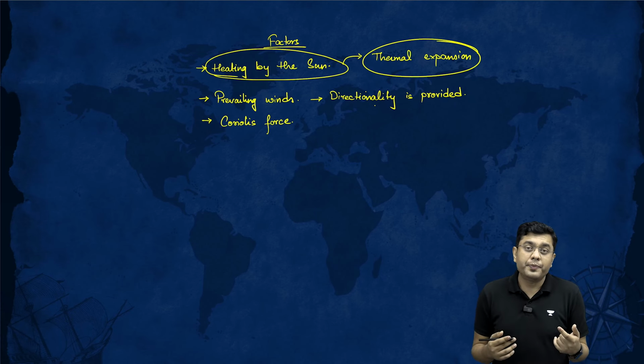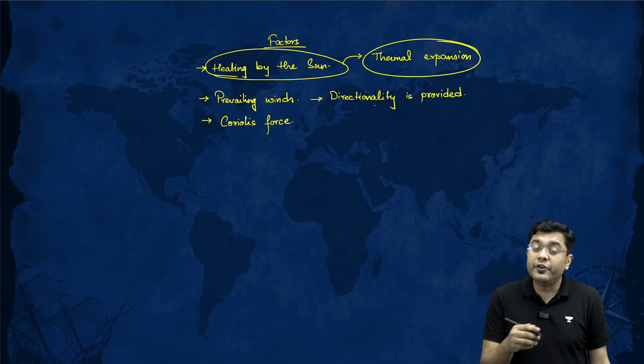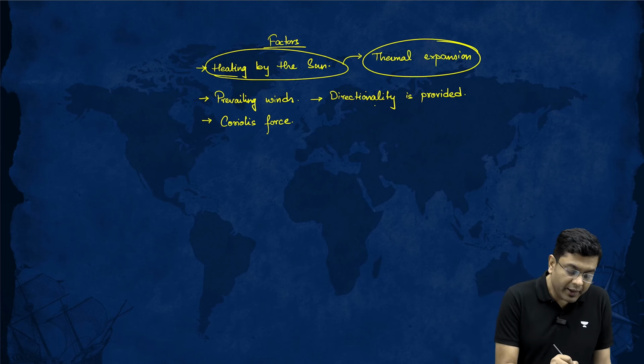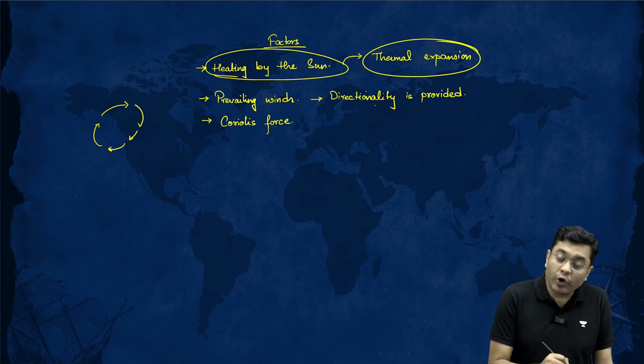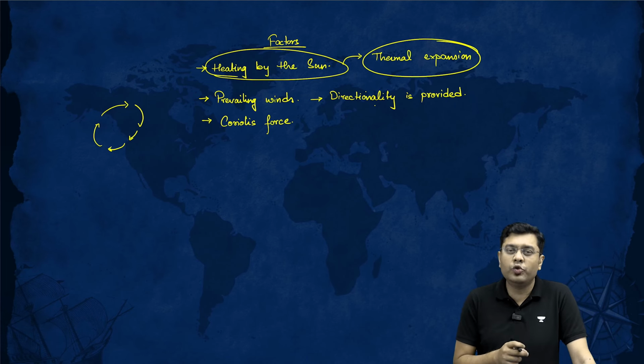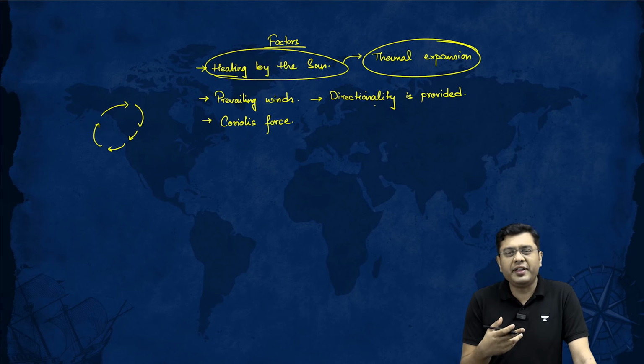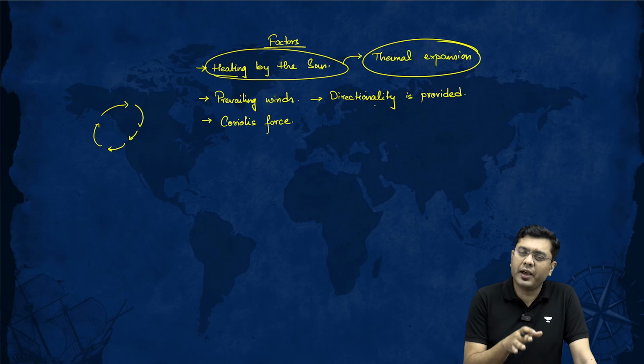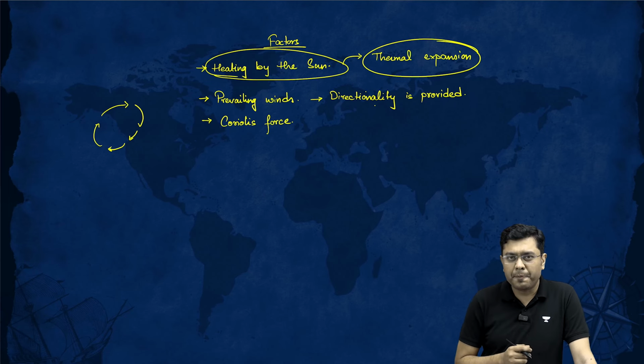Then Coriolis force. Now, ocean currents moving in the northern hemisphere will always be bending in the rightward direction. That is why overall, the oceanic circulation, be it the Atlantic, be it the Pacific or the South Indian Ocean, there you will always have a clockwise circulation in the northern hemisphere and anti-clockwise circulation in the southern hemisphere.